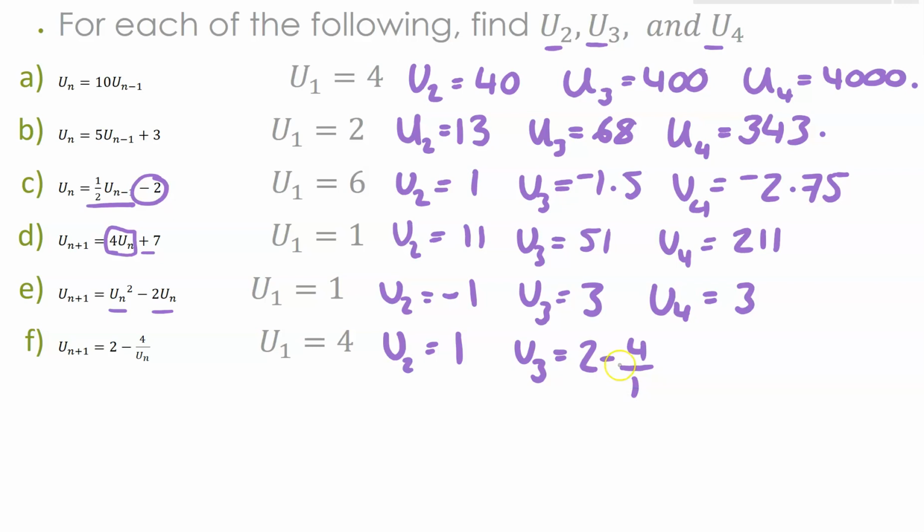So 2 minus 4 is minus 2. And then u4, 2 minus 4 over minus 2. So the minus and the minus are going to become a plus. And 4 over 2 is 2, so 2 plus 2, which is 4.